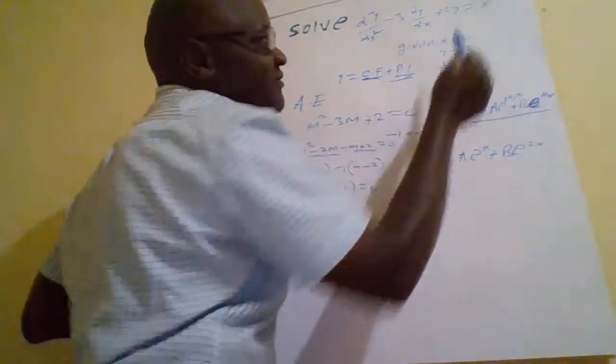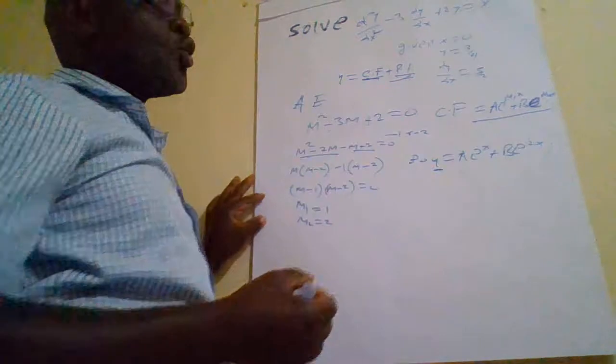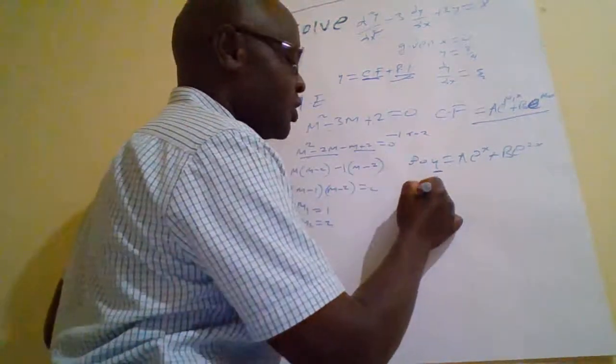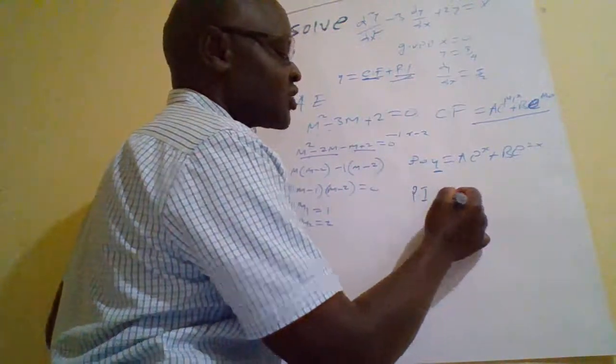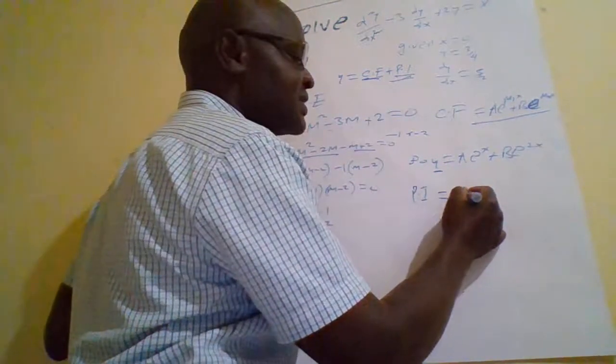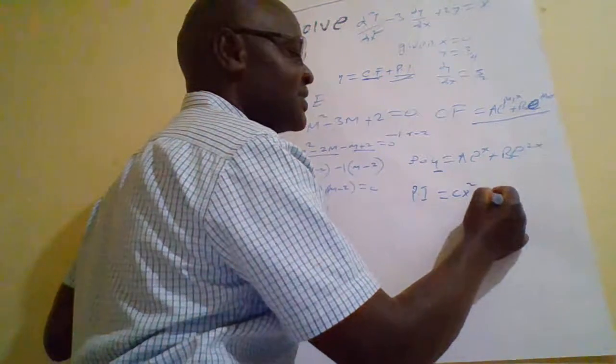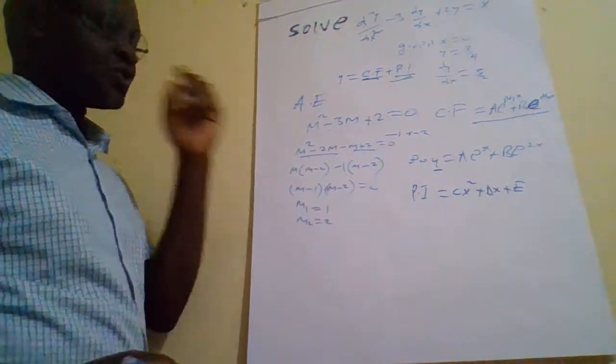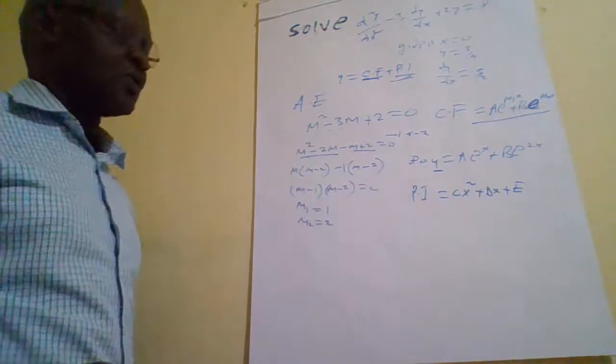Now that you've been given x squared, we assume that the particular integral will take this form: c x squared plus d x plus e.